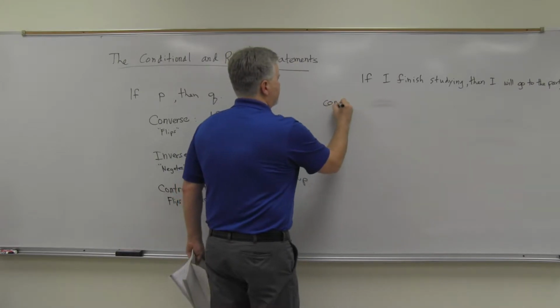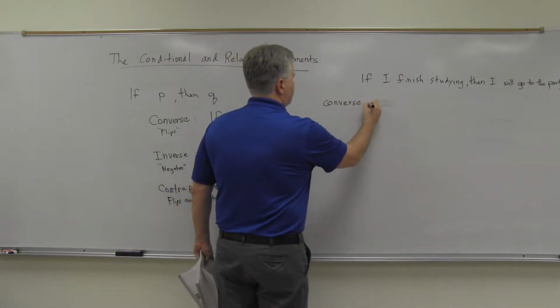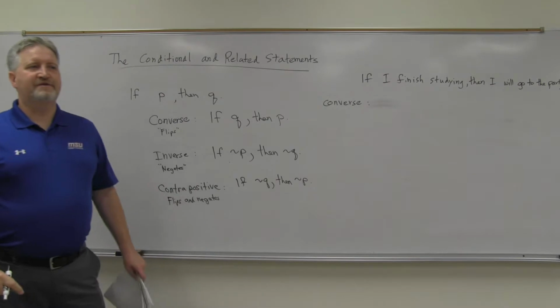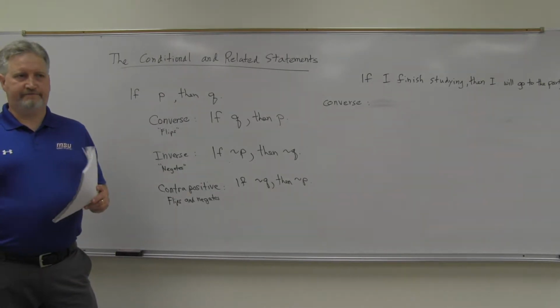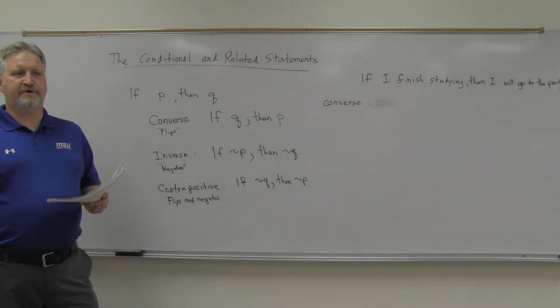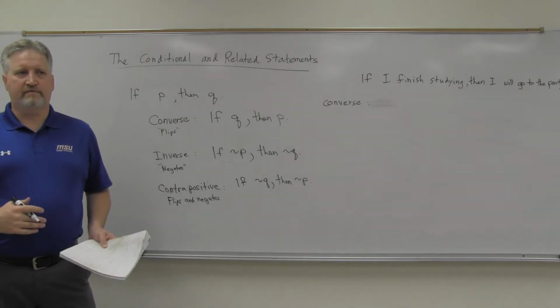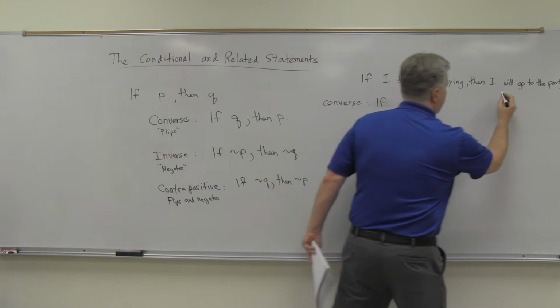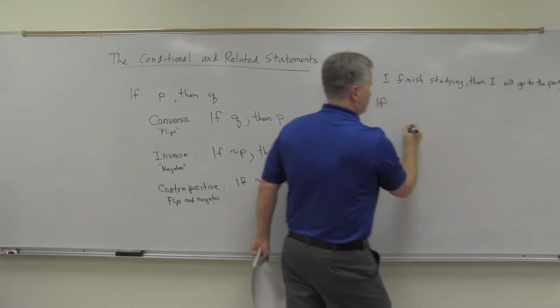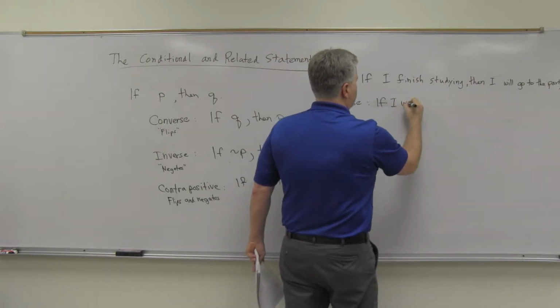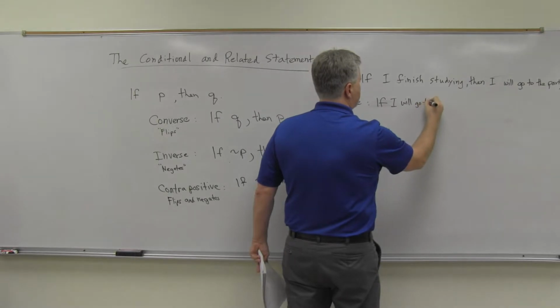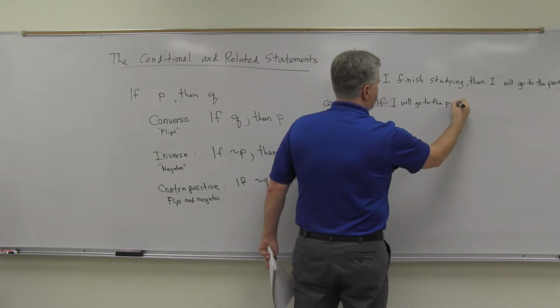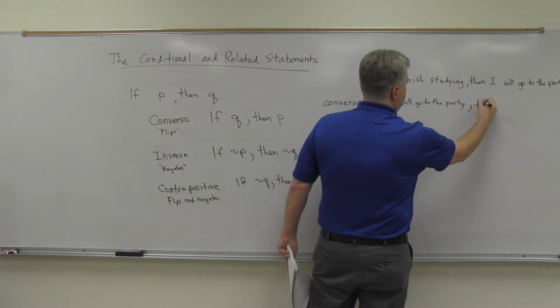So the converse just flips those around. Changes the if part to the then part, and the then part to the if part. So if I will go to the party, then I finish studying.